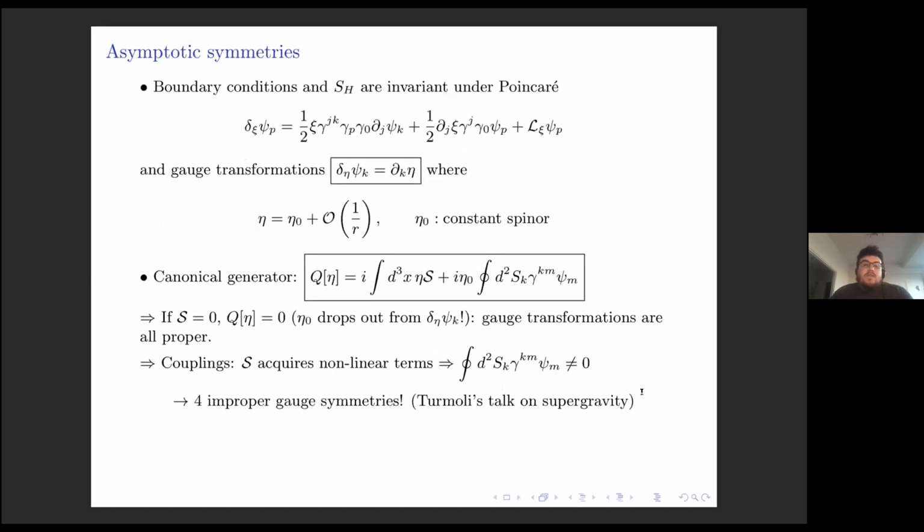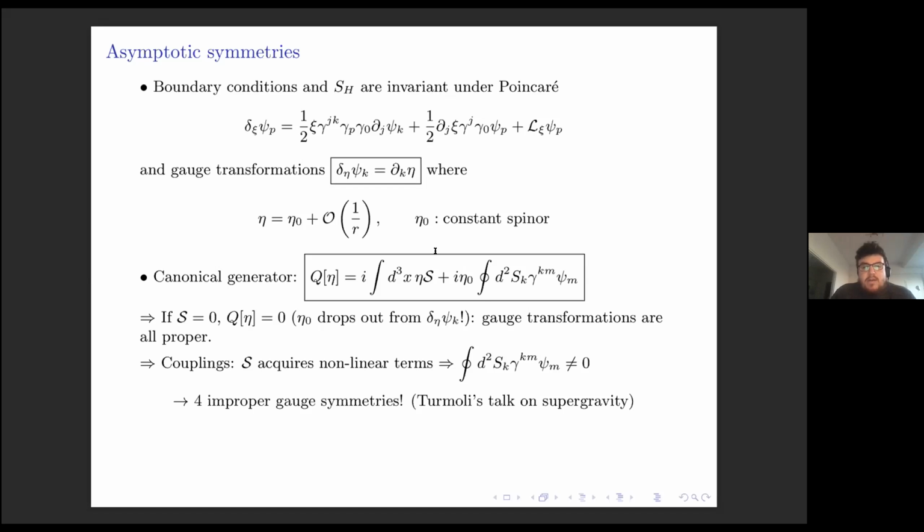So the boundary conditions that I just showed you in the previous slide are invariant under Poincaré, and this is the same with the action, and under gauge transformations of this form, where the parameter asymptotically goes as a constant spinor. So the canonical generator has this form.